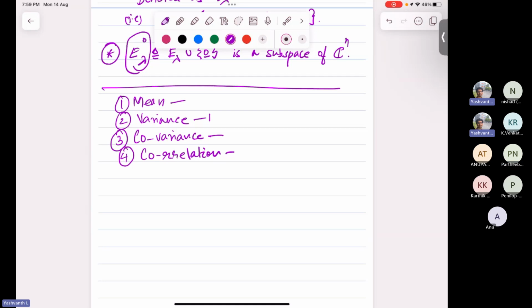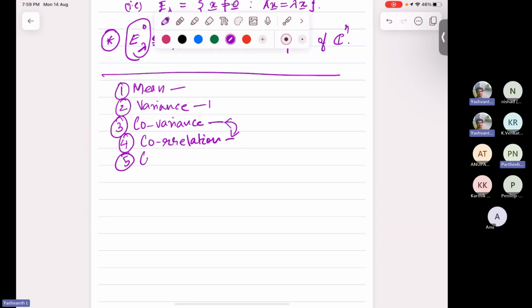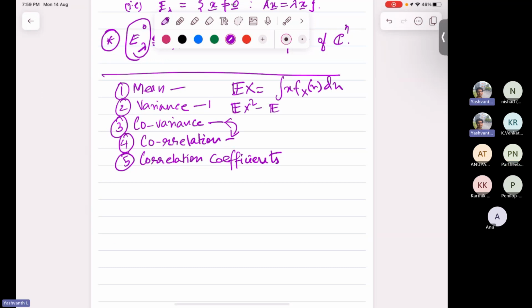Covariance is the same as correlation if the mean is zero, and then that gives a correlation coefficient. All these are basic definitions, and that's what I introduced today. Mean is nothing but the expected value of x, which is the integral of x times f_X(x) dx. Variance is expectation of x square minus expectation of x, the whole square. You can again write it as an integral. So these are actually definitions.